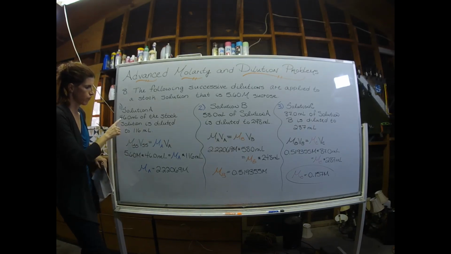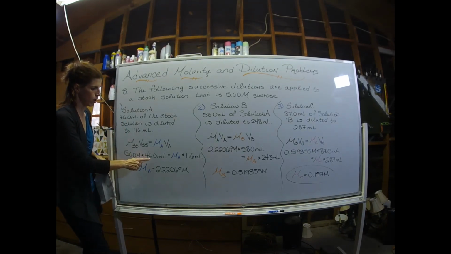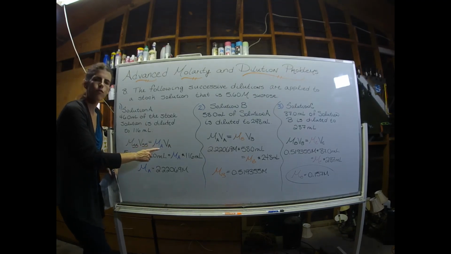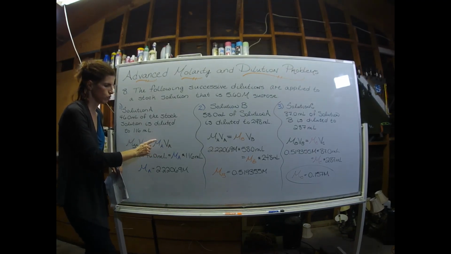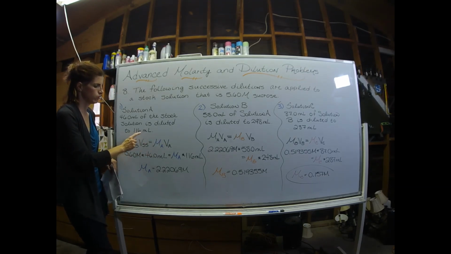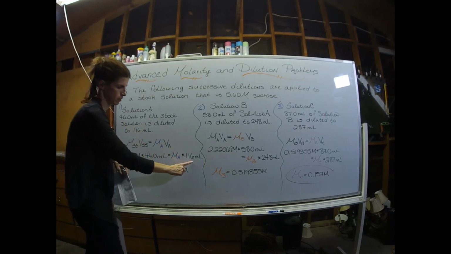and they took 46 mils of that, so I'll plug that in for volume. I'm looking for the concentration of solution A, and I know they diluted it up to 116 mils.